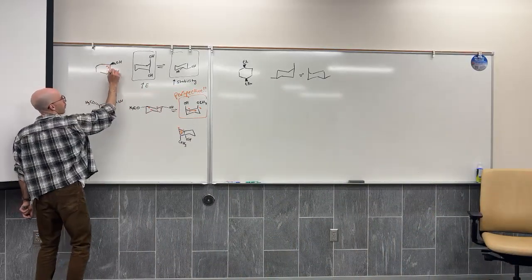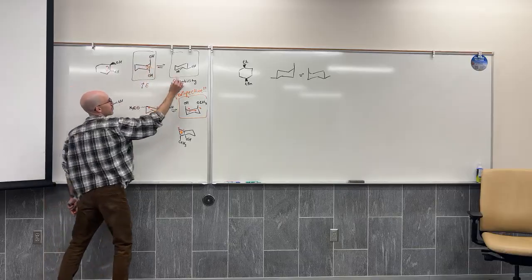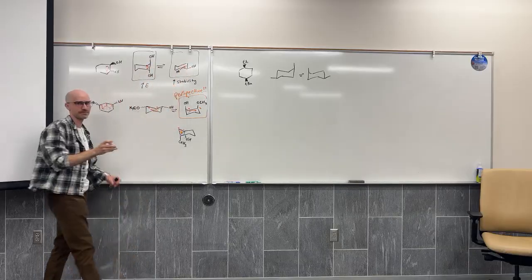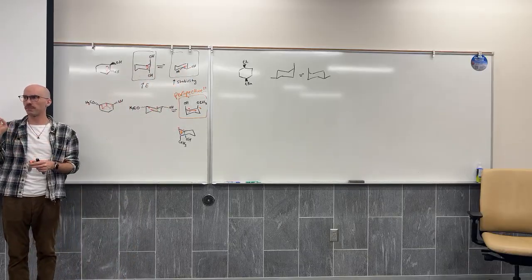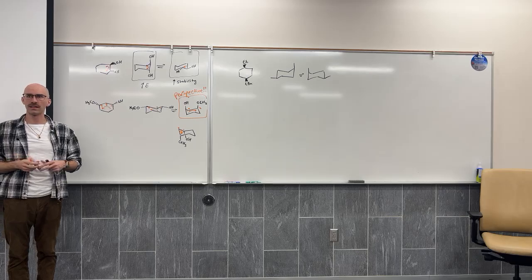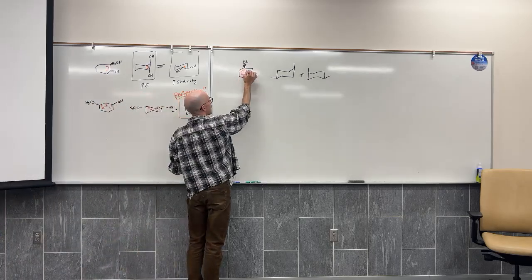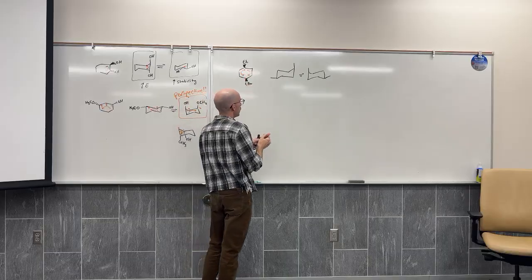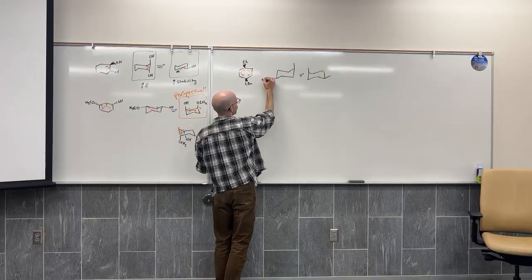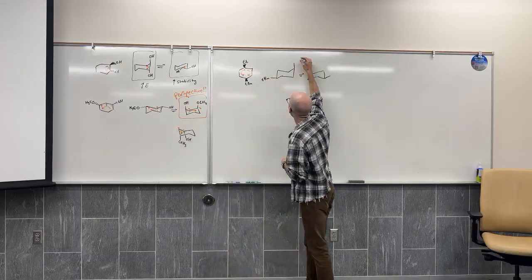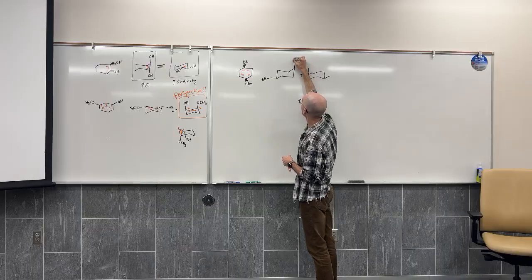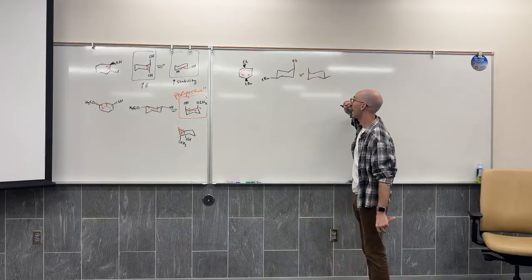Up to down clockwise, up to down clockwise, up to down clockwise. We needed to make sure we maintained that orientation. Here, doesn't matter which orientation you have. It's the same orientation either way. So I'll start with tert butyl up equatorial and ethyl up axial.